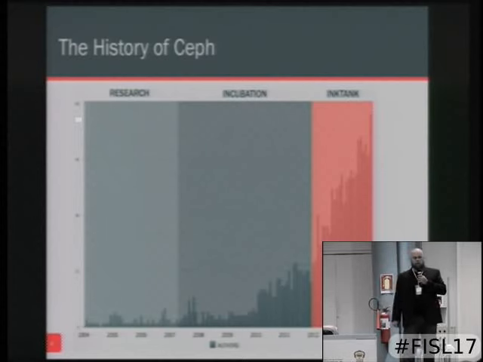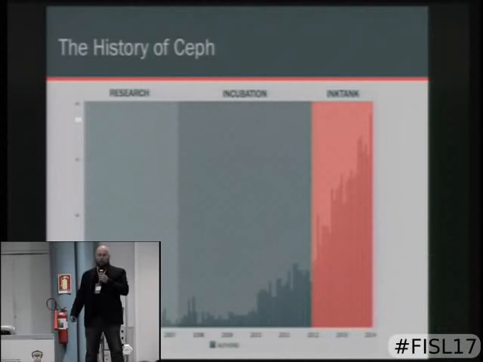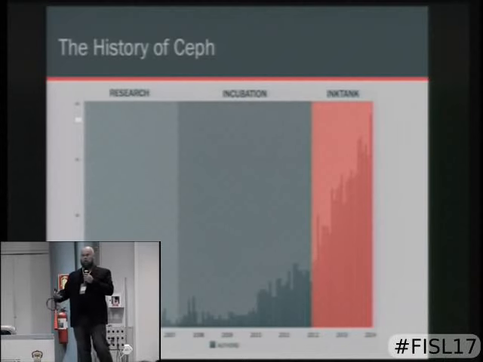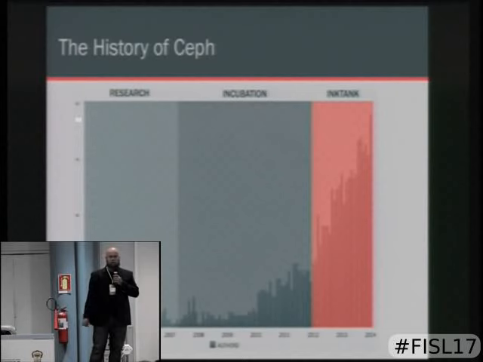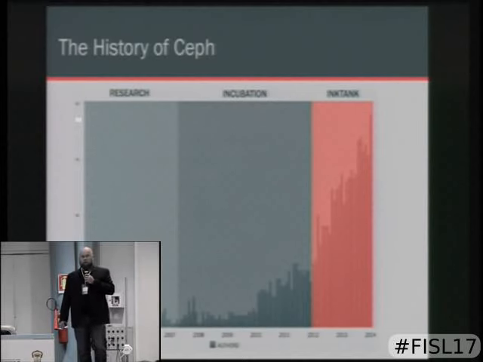Because it was open source, however, and the source code was floating around, other people started to come to them and say, hey, can you help us with this? We want to use it too. So in 2012, they decided it was time to make a real big boy company. That's when Inktank was founded and spun out of DreamHost to help people commercialize and deploy Ceph.